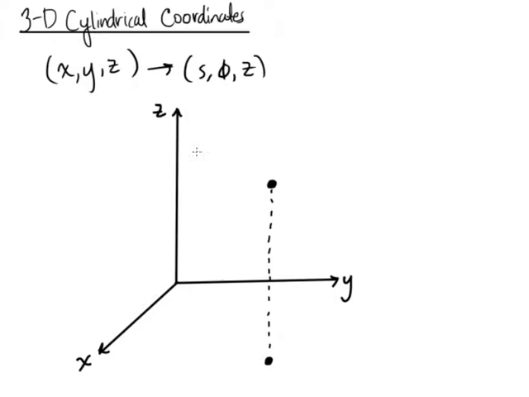Okay. So this distance from the origin to the original point is known as r, and the distance from the origin to the projected point in the xy plane is called s. And you can recall that we defined s in our two-dimensional polar system, and the angle from the x-axis to s in positive increasing direction of phi is known as phi.